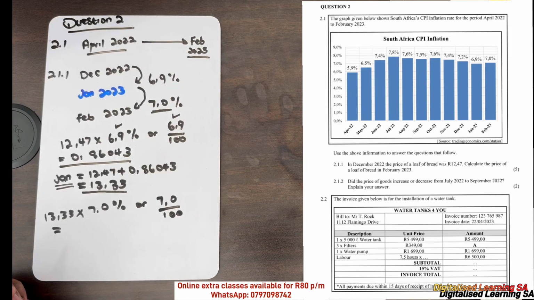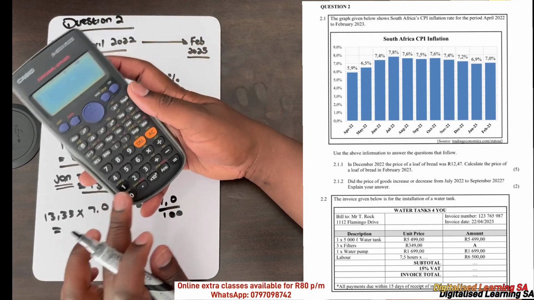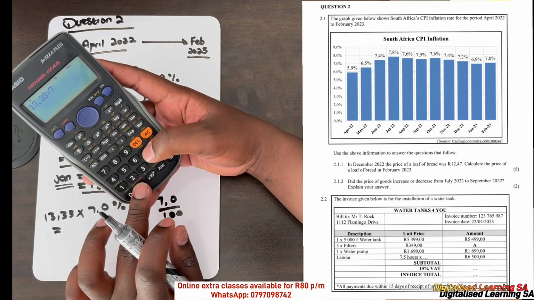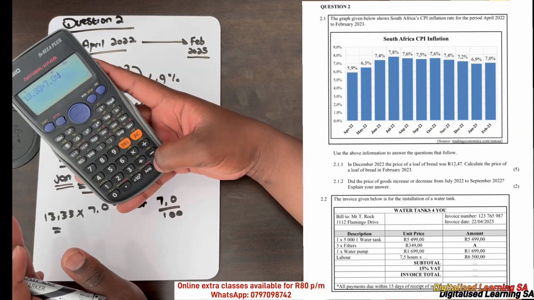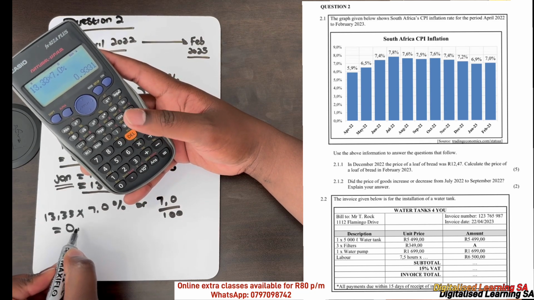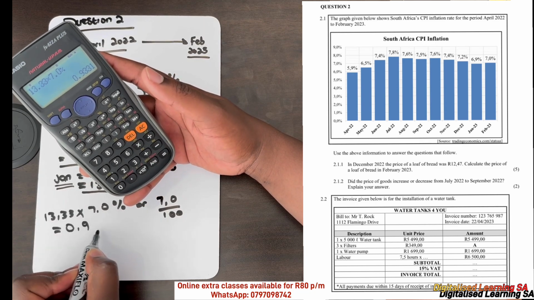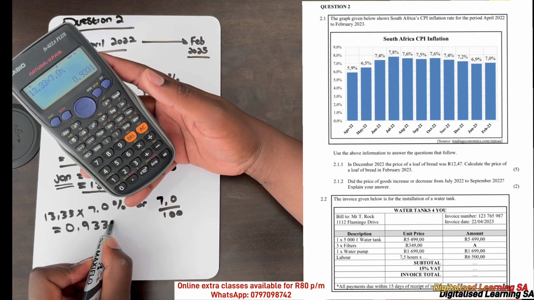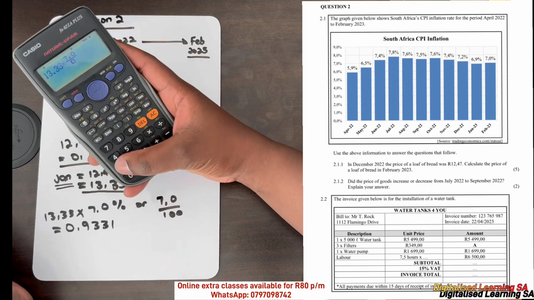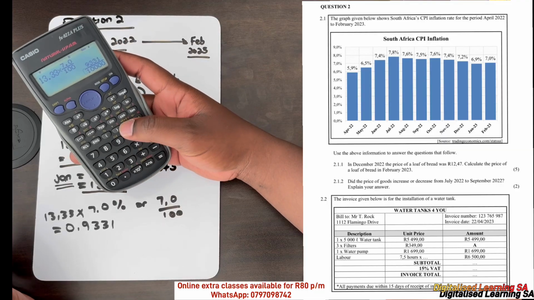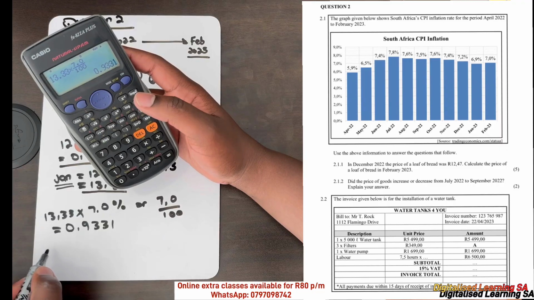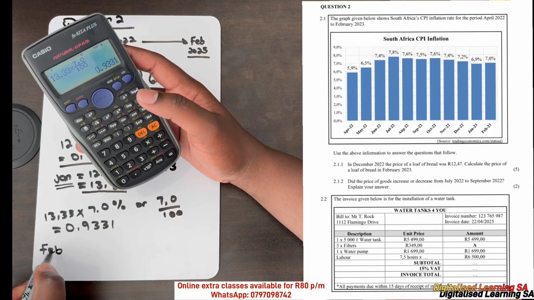Let's check how much that will be: 13.33 multiplied by 7.0% gives us 0.9331. Even if we use the other method and divide by 100, we still get the same thing. Now to get the price for February, we just add the two.